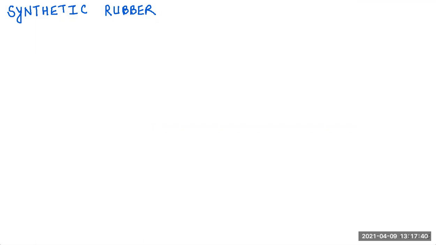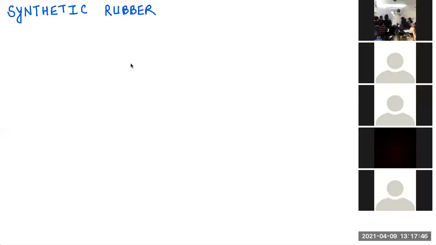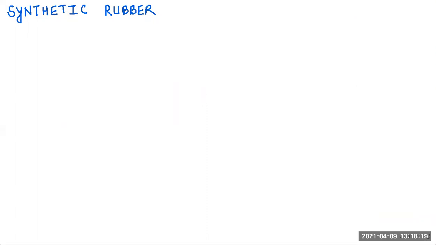Buna S, Buna N, neoprene, and last one I forgot, butyl rubber. Okay? Which four? Buna S, Buna N, neoprene, butyl rubber. Can you say? Buna S, Buna N, neoprene, and butyl rubber. Very good. Very nice. Okay, let us proceed further.